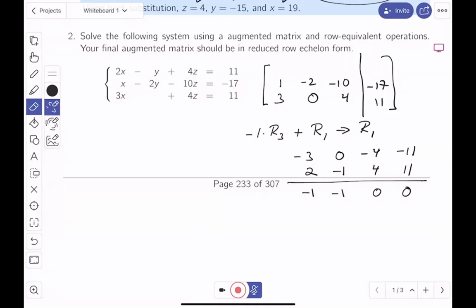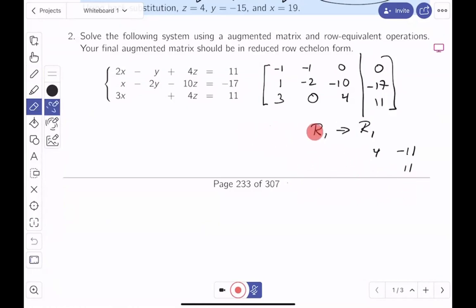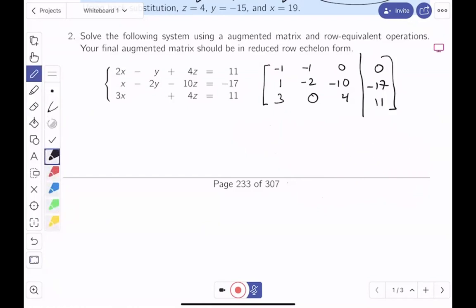This is going to be row 1, which is -1, whoops, minus 1, minus 1, 0, 0. Again, if I made a mistake, I'm going to detect that mistake when I check my answers. All right, let's keep going. I am now going to do, let's see what I'm going to do now.